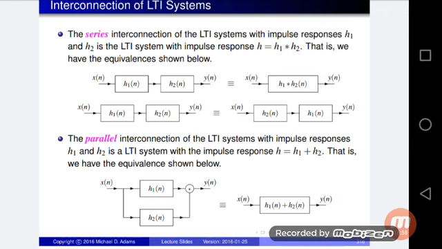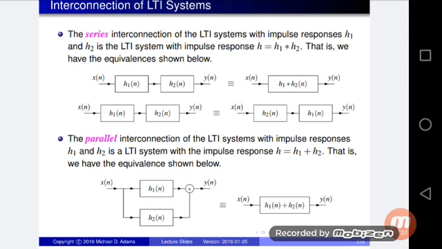Why? Because depending upon the circuit arrangement, the function h of n is connected either serially or in parallel. So the arrangement represents the circuit connection, either in sequence or in parallel.